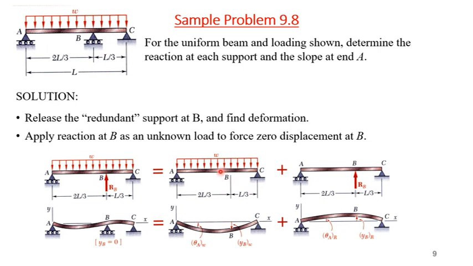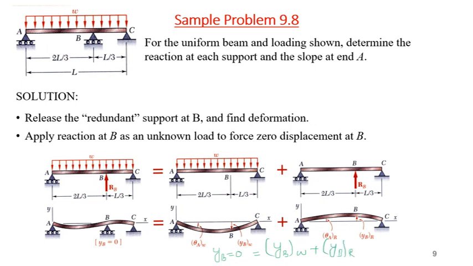We will see what will be the deflection at B due to the distributed load, plus the deflection at B due to the redundant load RB. And what will be the condition we have? YB should be equal to 0, and that will be equal to YBW plus YBR.